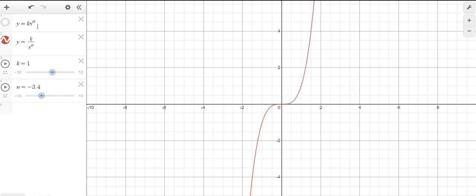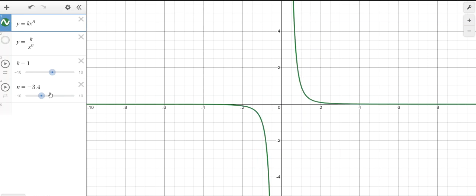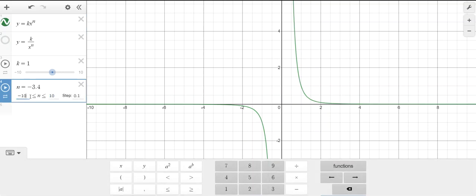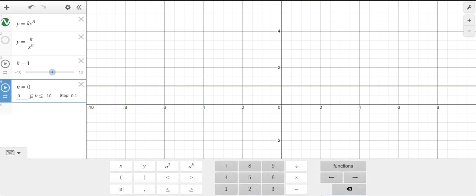So we are not going to be saying to you y varies directly as x to the power of -3. It's always going to be y varies directly as x to the power of 3 or 4 or 5 or 6 and so on. So when we talk direct, we're going to limit. So I'm going to change my n to not be negatives at all and just be positives.